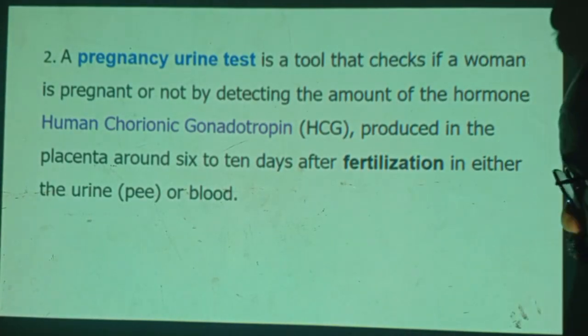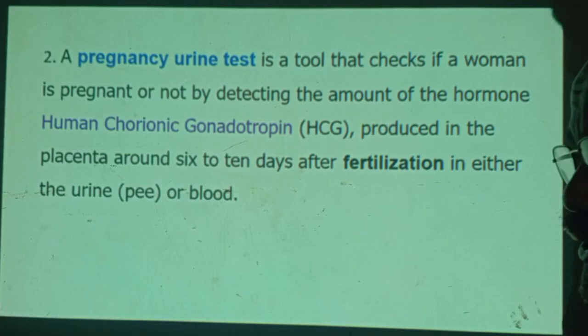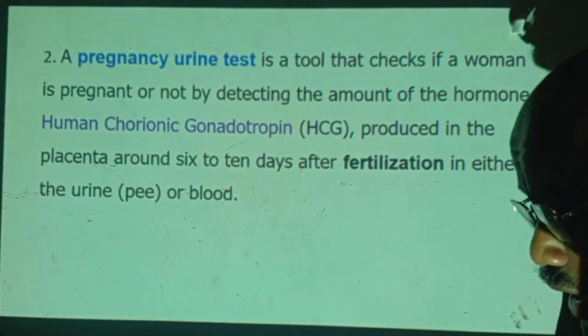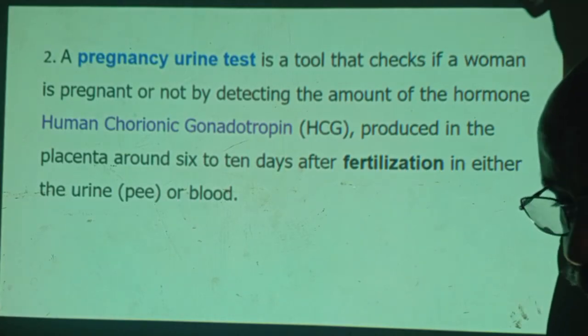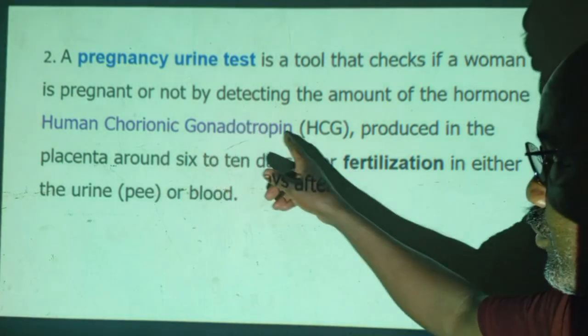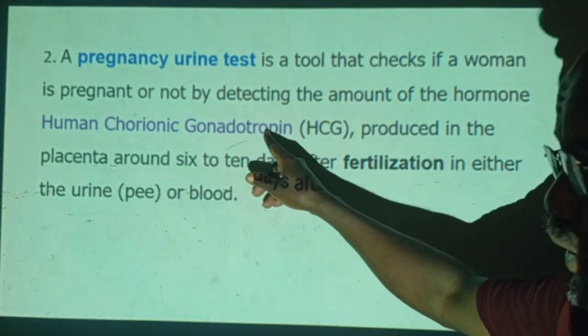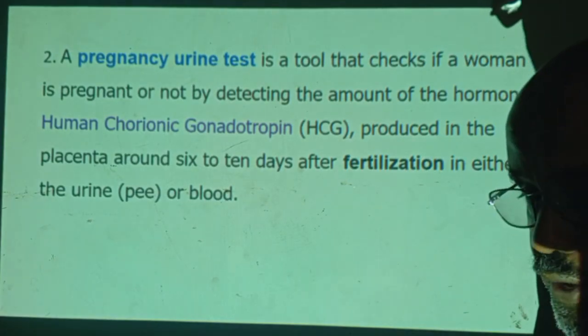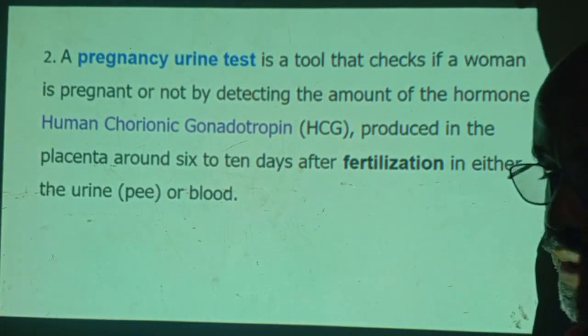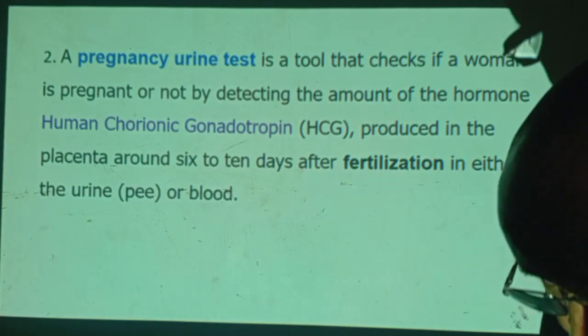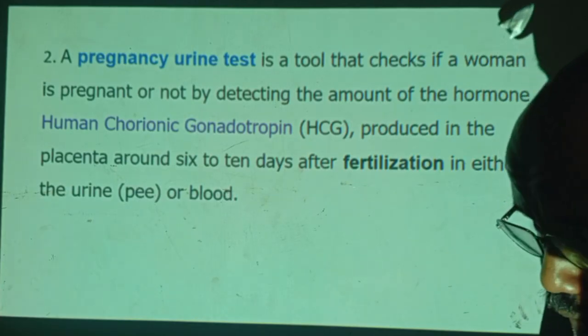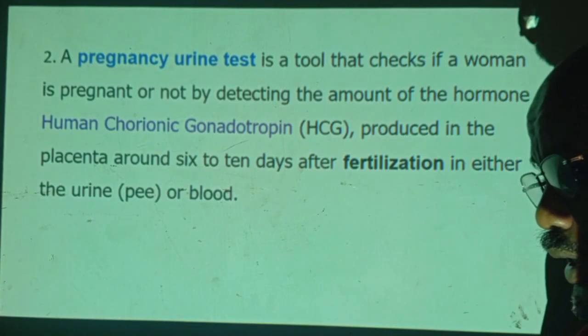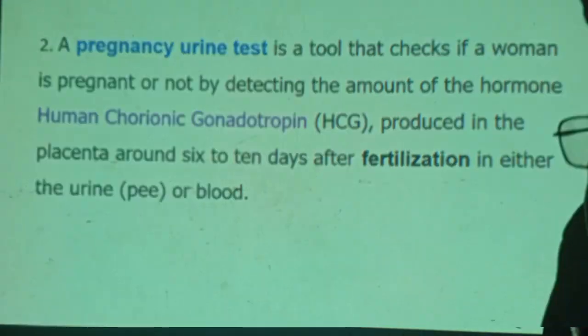Pregnancy urine test is a kit that is composed of some sort of chemistry. Antibodies are there. Antibodies react with this hormone in order to test. This hormone, by the way, is human chorionic gonadotropin. This hormone is produced by the fetal cells, the baby-becoming cells of the zygote in the placenta, in the uterus of the female.